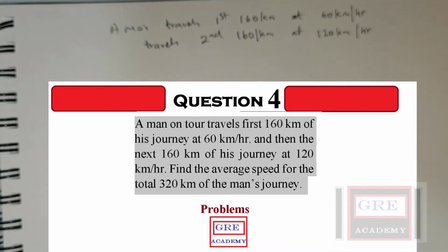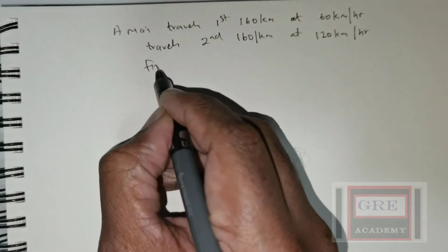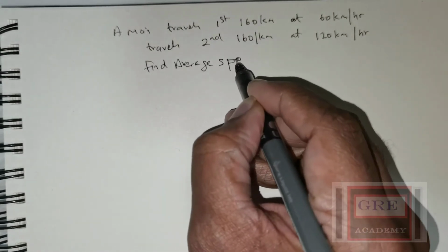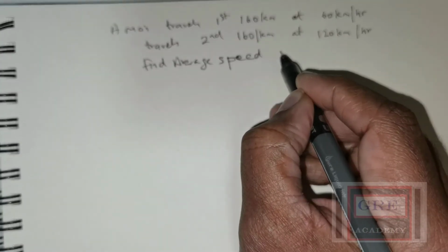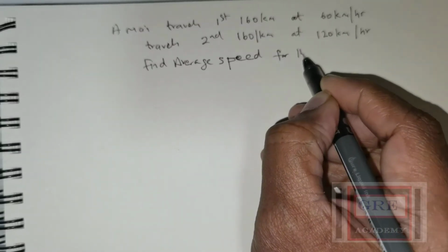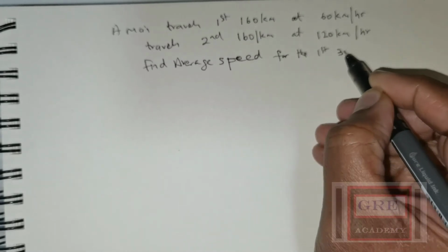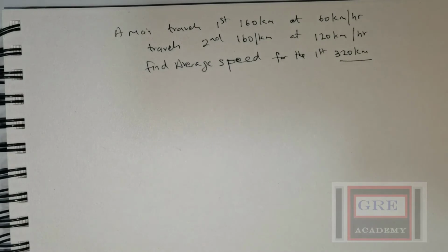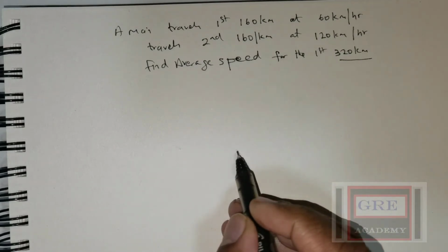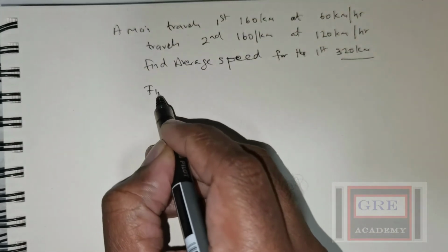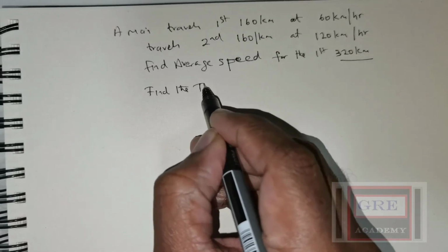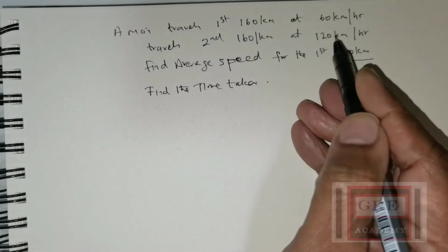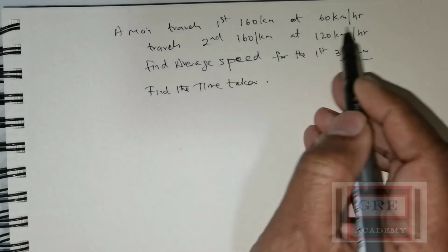Now the question wants us to find the average speed for the entire 320 kilometers. To do this, first we have to find the time taken for the first part of the journey.